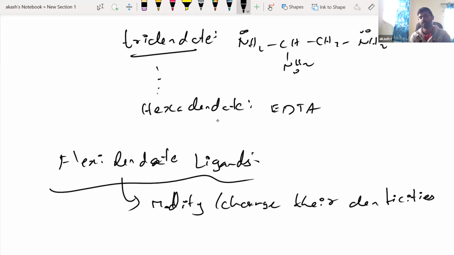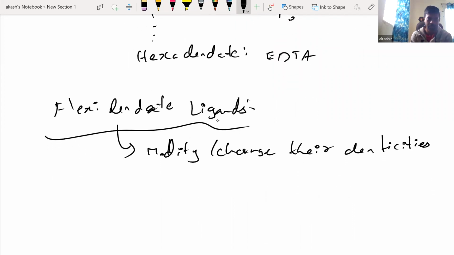That is what I was trying to tell you. Even though we have say 6 donor sites or 5 donor sites, maybe only 1 or 2 would be required. The other 3 will not be required at all. Take ethylene diamine itself: NH2, CH2, CH2, NH2.